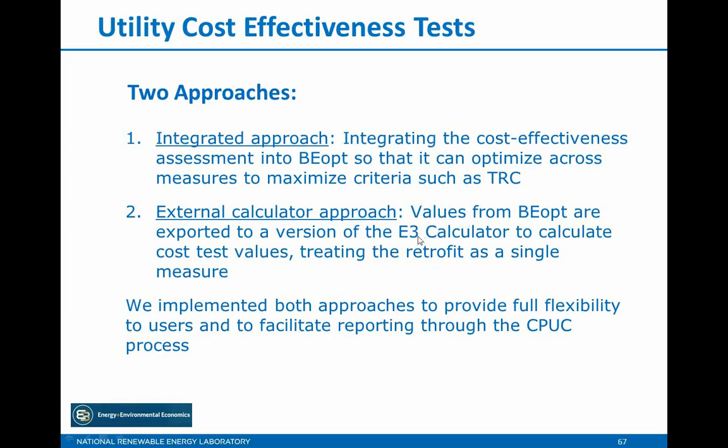It also has some flexibility that as there are changes to procedures in calculating cost tests over time, or if one wanted to explore those kinds of changes, they could be done offline here without having to make modifications to BEopt. But for most users, I'd say the integrated approach is important. Initially in the project, we were looking at the pros and cons and thinking about deciding which approach to use. We ended up implementing both.